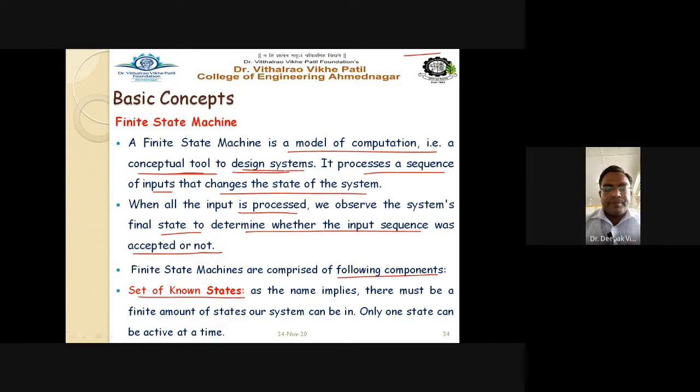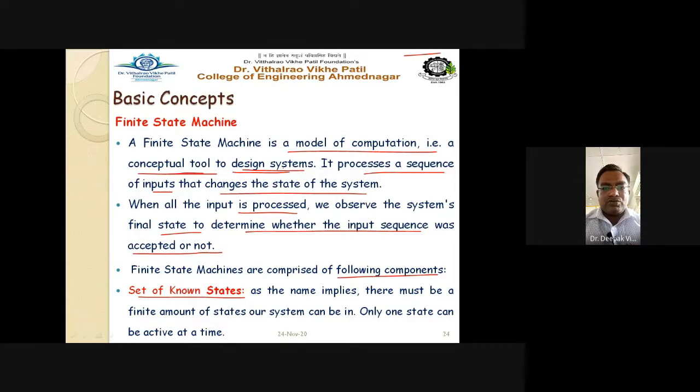You can draw a finite state machine for any known problem. For example, traffic light signals, a library system, or a college administration system, I can have a finite state machine model.